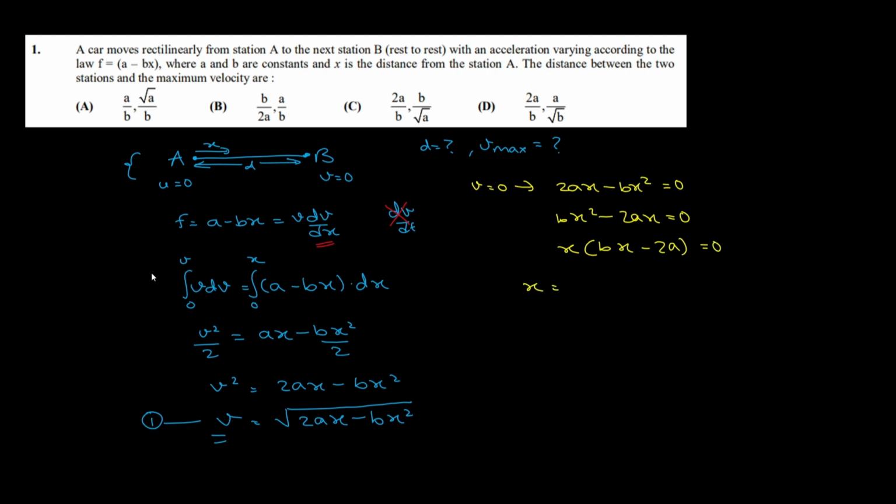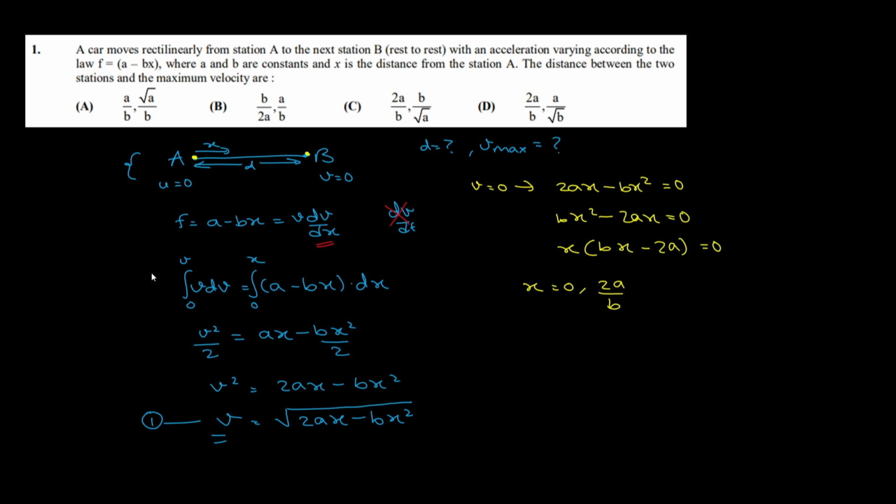So one answer will be x is equal to 0 and another will be 2a by b. Perfect. So velocity is 0 at x equal to 0 and velocity is 0 at 2a by b, which is nothing but our d. So 2a by b is in options C and D.